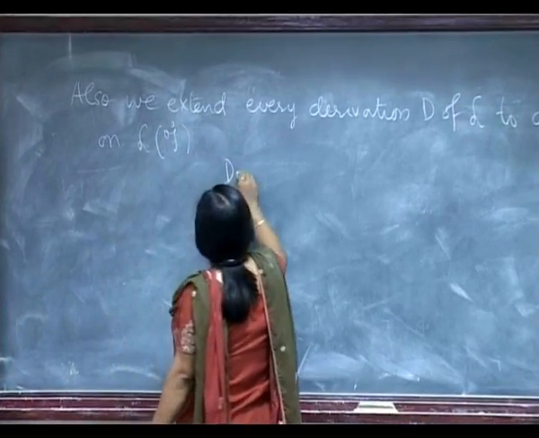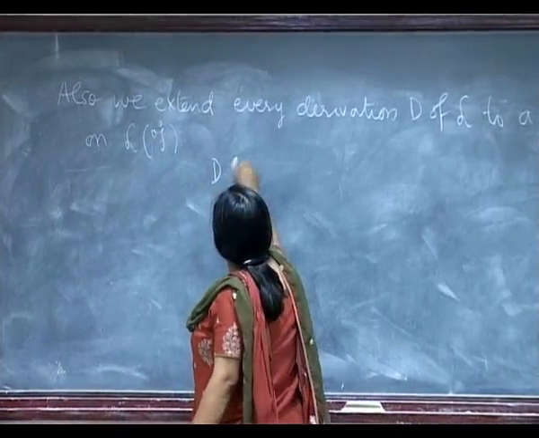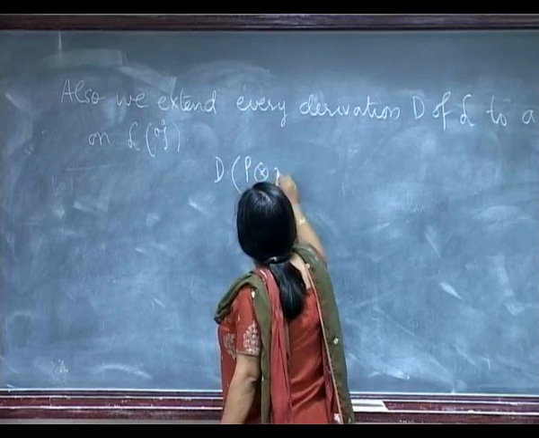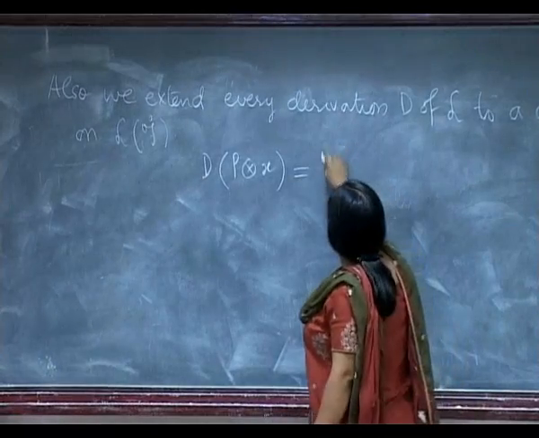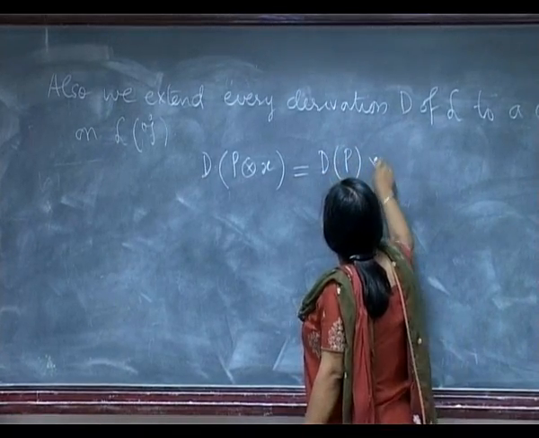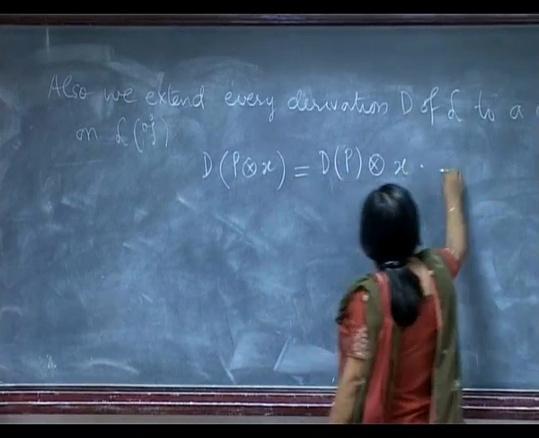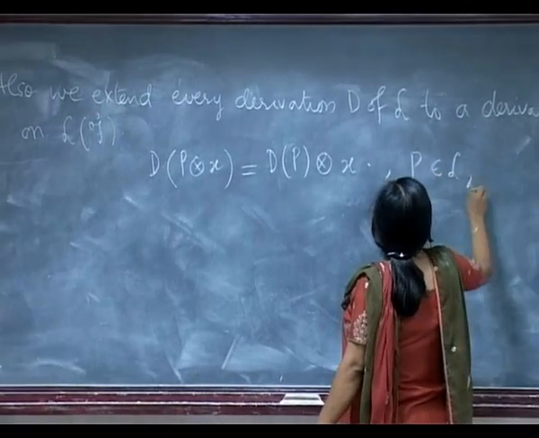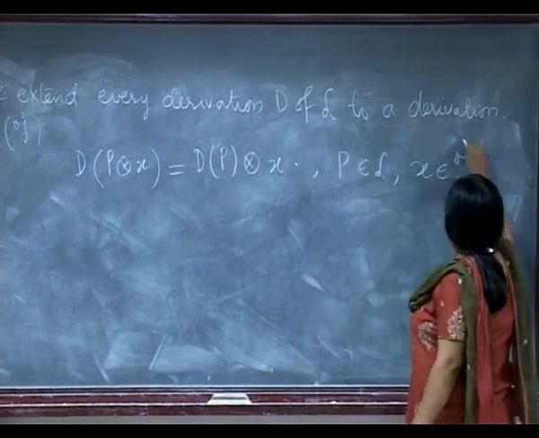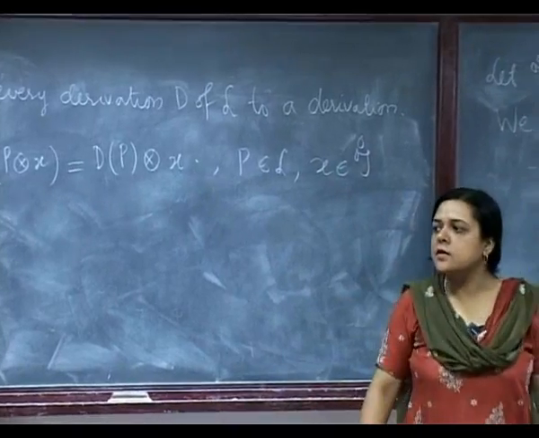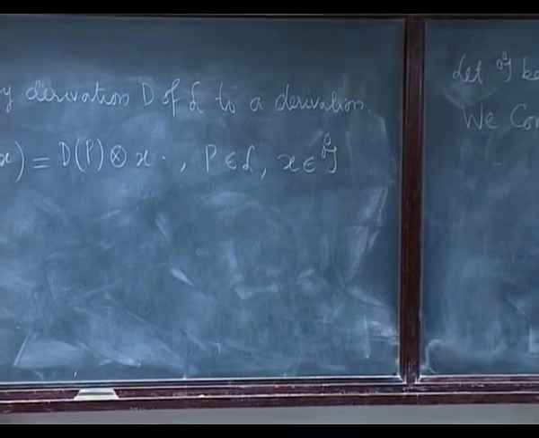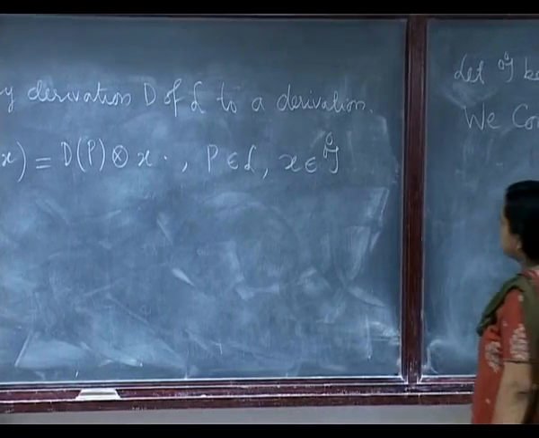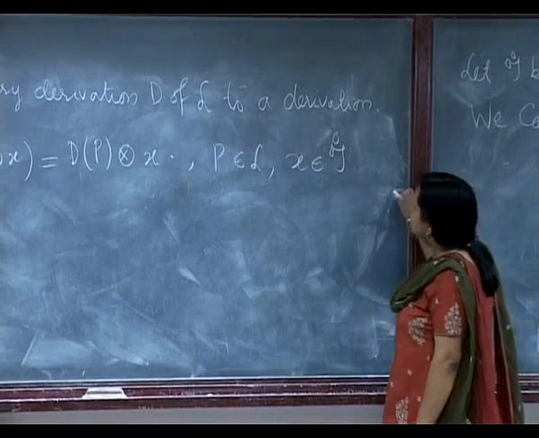So if I consider one element from here, so this is P tensor X, so this is dP tensor X. P belongs to L, X belongs to G naught. Okay. All right.